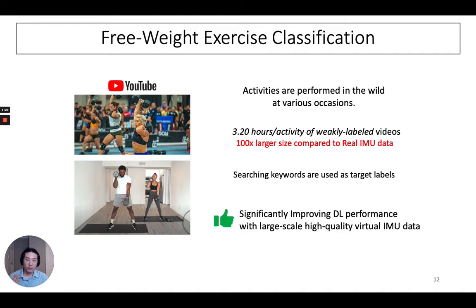And 100 times larger virtual IMU data was collected compared to the real IMU dataset, which goes up to 3.2 hours per activity with weak labels, where search keywords are used as target ground truth labels. With this large-scale virtual IMU dataset, we show that we can significantly improve deep learning performance.